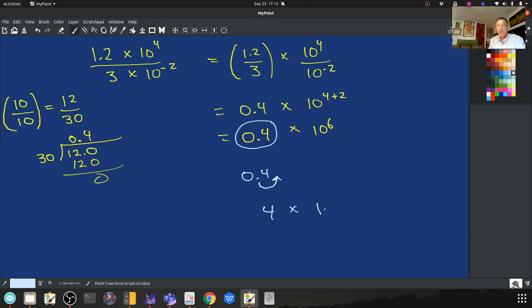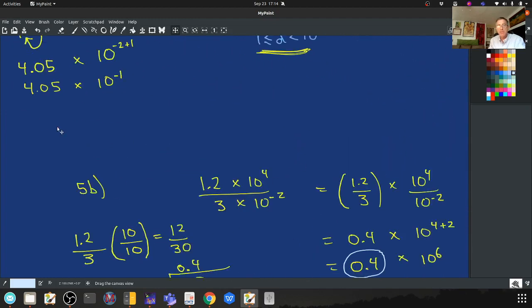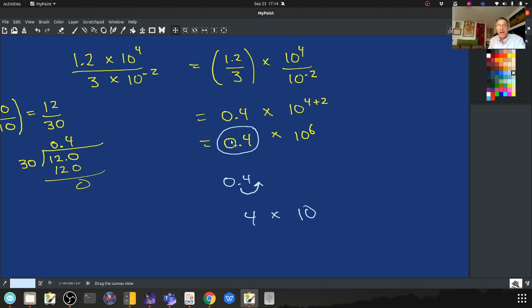So moving to the right, go back over and look at my notes. Moving to the right means we subtract. Why is that? I just increased the value of the number, so I have to decrease the value of the exponent. I moved it to the right by 1, so I subtract 1 from 6. I get 4.0, if you want to do it that way, times 10 to the 5th. Actually, just 4 times 10 to the 5th is fine.